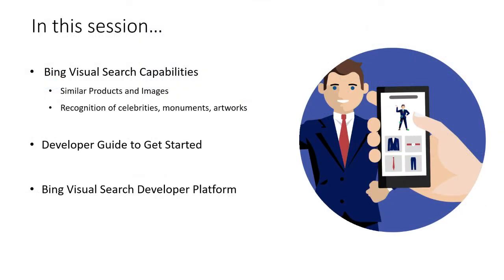So in this session, we'll talk about the Bing Visual Search capabilities, how you can recognize products and images, recognize celebrities, monuments, artworks. Ronak's going to take us through the developer guide to get us started, and our developer platform, and we have an announcement at the end too in terms of what's coming next, so stay tuned for that.